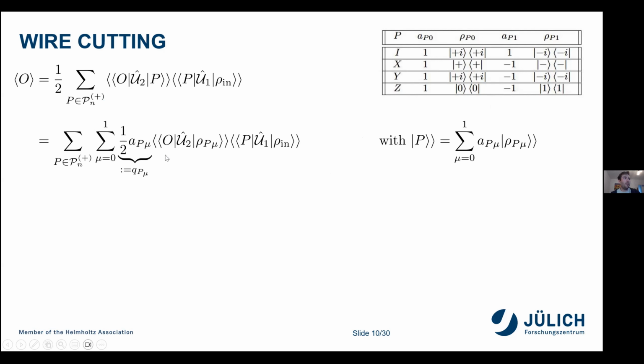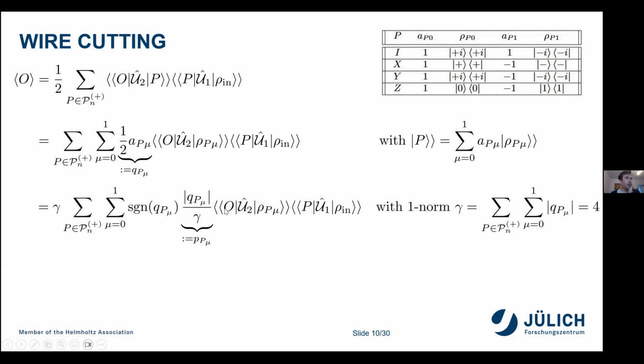Now the idea is that you want to randomly sample from these circuits to get an estimate for this expectation value. To make this happen, these prefactors here need to correspond to probabilities. But here they correspond to quasi-probabilities. This means that they can, for example, take negative values.